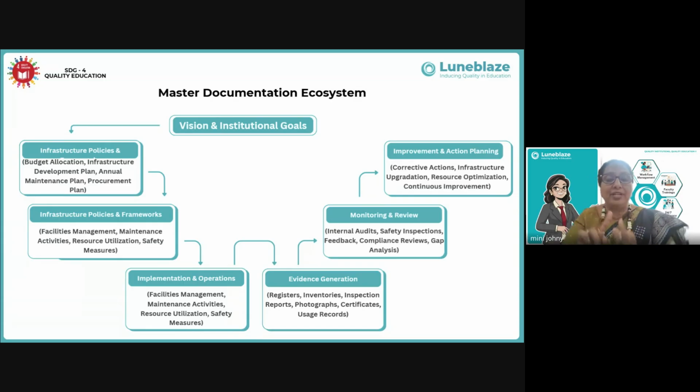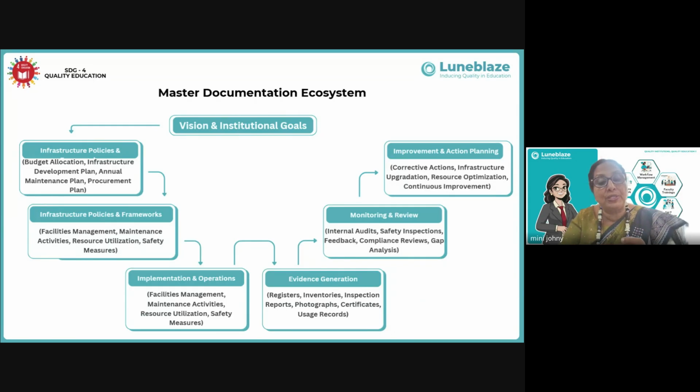We will have registers, inventories, inspection records, photographs, certificates, any service certificates for that matter. That is, inspections, repairs and replacements log, preventive actions, that is lubrication, calibration, cleaning, all these things. Nowadays we get certificates.